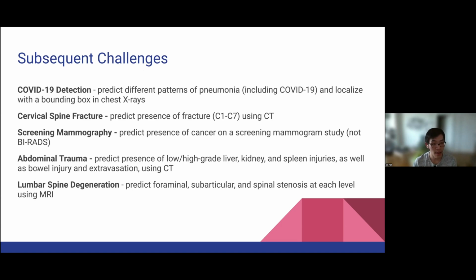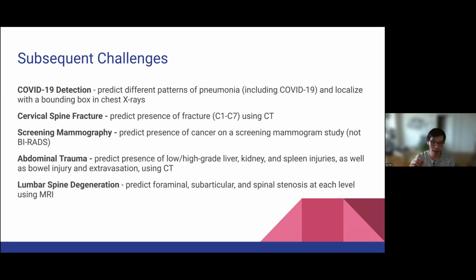And then later that year, we had abdominal trauma: predict presence of low and high grade liver, kidney, and spleen injuries, bowel injury, extravasation using CT, also a very interesting challenge. And then most recently, we had the lumbar spine degeneration challenge. For those of you who read lumbar spine studies, sometimes it can be quite tedious.